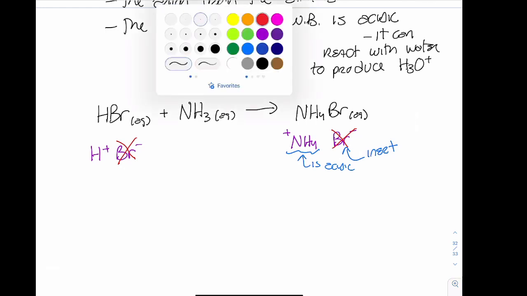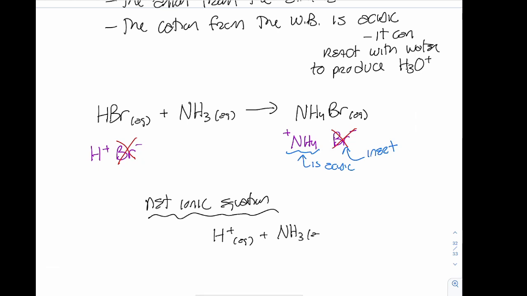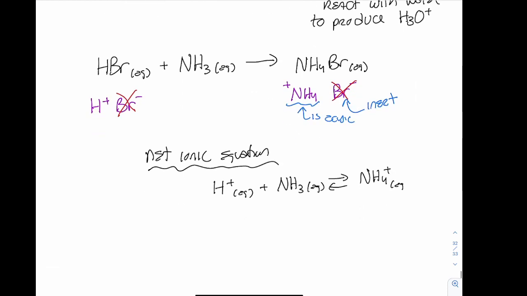So when I write my net ionic equation for this, I'm going to have hydrogen ions, and I'm going to rewrite this again because remember, hydrogen ions in aqueous solution attach themselves to water. And I'm forming ammonium ions. And then that can go in both directions.